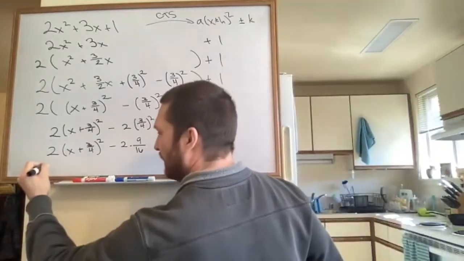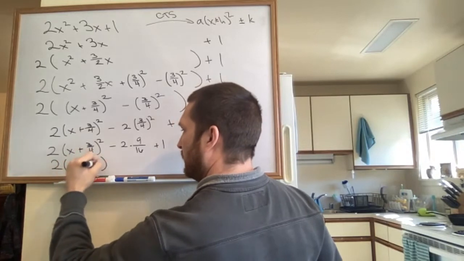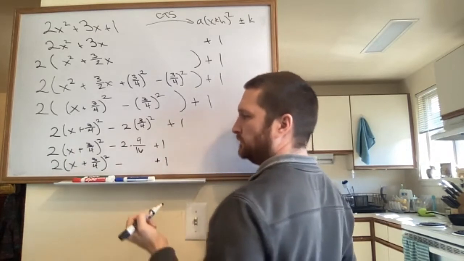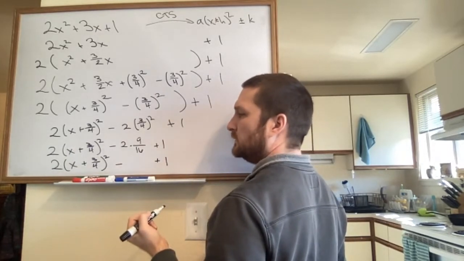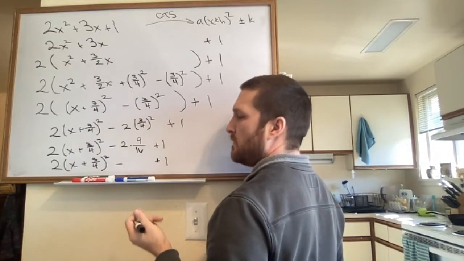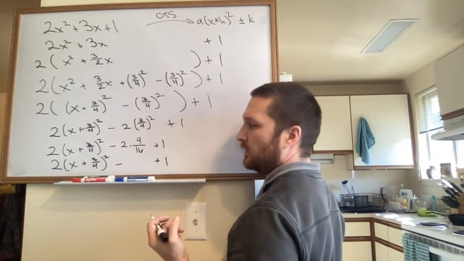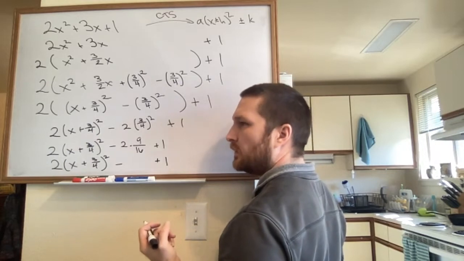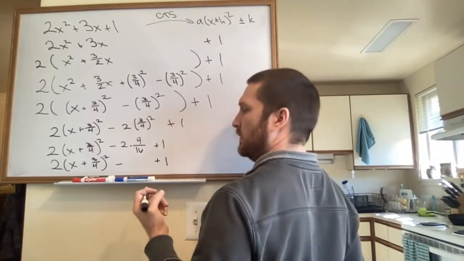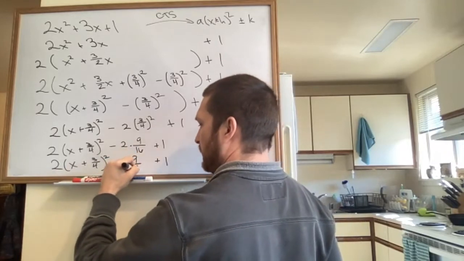How can I rewrite that bad boy? 2 times (x plus 3 over 4) squared, minus 9/8. There we go.